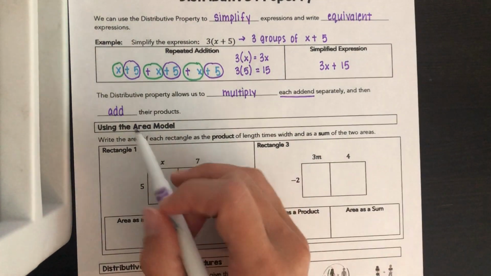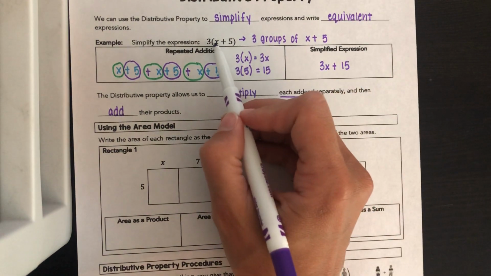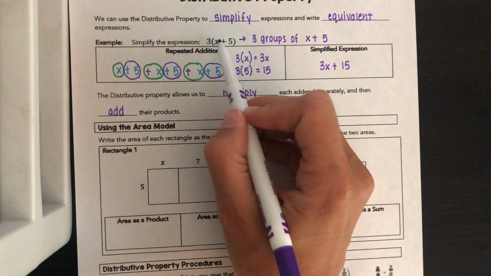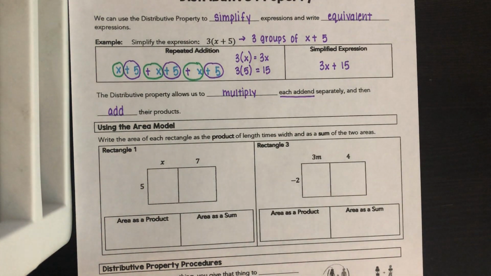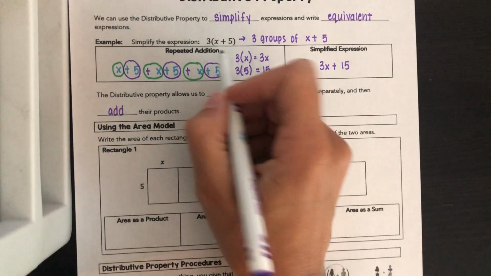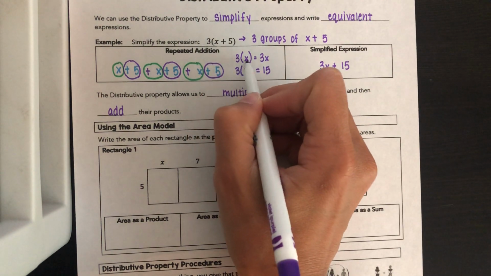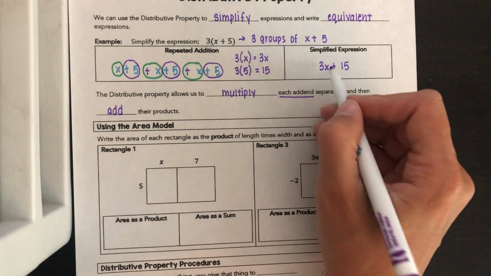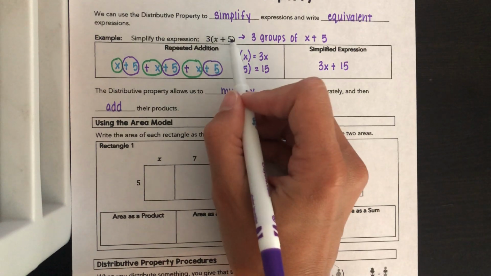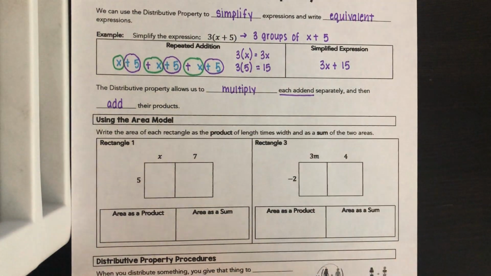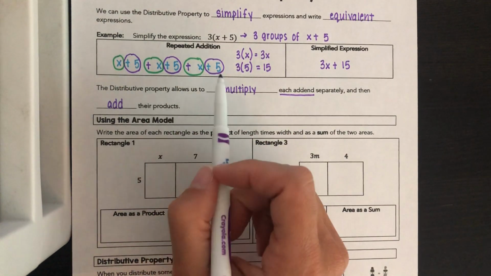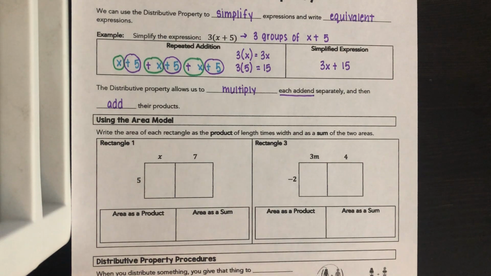So we can multiply x and multiply 5 by 3 separately, and then add their products. We did 3 times x and got 3x, and we did 3 times 5 and got 15, and then we added those products together to get our simplified expression. We verified using combining like terms that this does in fact work.